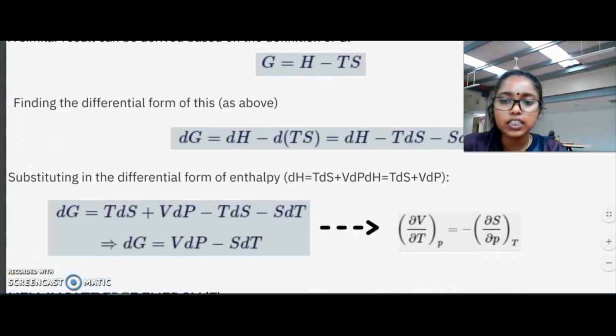That is dG equals TdS plus VdP minus TdS minus SdT. So finally we get the equation: the partial differentiation of V over T at constant P equals negative partial S over P. When we get the value of S and P, it must be negative. Okay, that's all for my part.